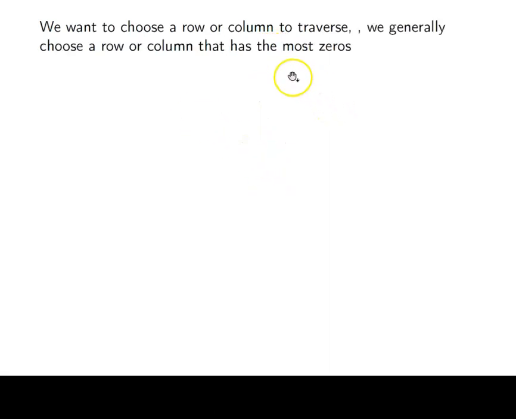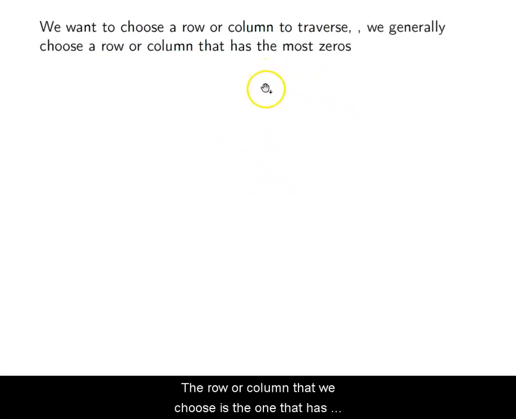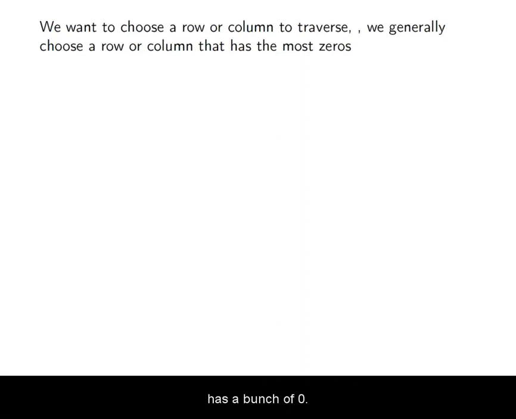The row or column that we choose is the one that has the most zeros in it. If I see a row that has a bunch of zeros, that's what I want to go for. If I see a column that has a bunch of zeros, that's the one I go for. Maybe I see two columns with the same number of zeros. Then I'm going to choose the one that has the easiest numbers.